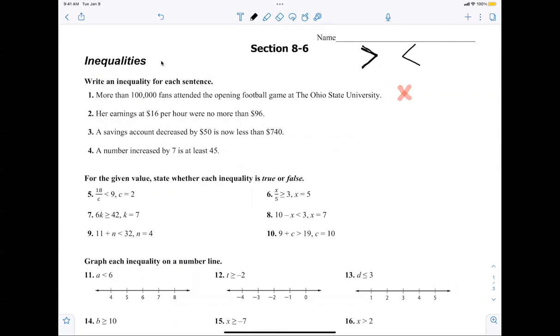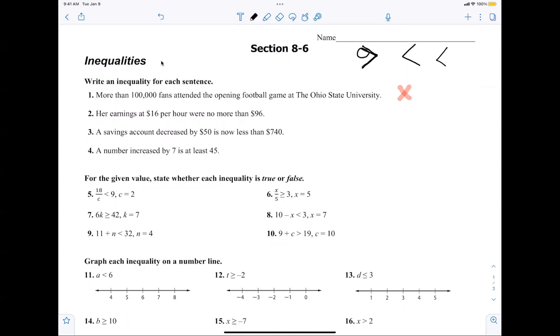Less than. Here's how I remember greater than and less than. Someone tell me what this letter is. L. That L looks like a less than. L for less than. This makes this letter right here the letter G, for greater than.